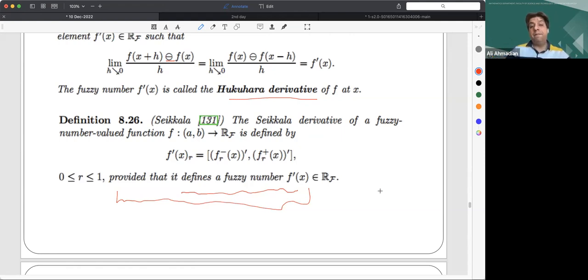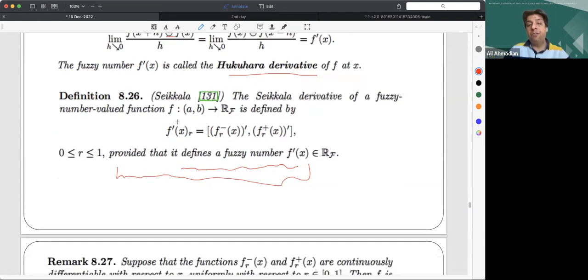I reached the fact that Seikkala and also Bede, in their definitions, mention that if you use the Seikkala derivative, then you should ensure that f prime is a fuzzy number. So I referred to Seikkala and demonstrated in the revision that my f prime is a fuzzy number, so the outputs of the f prime are also fuzzy numbers.